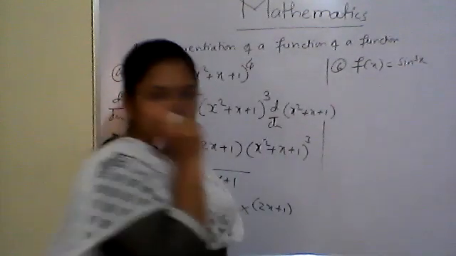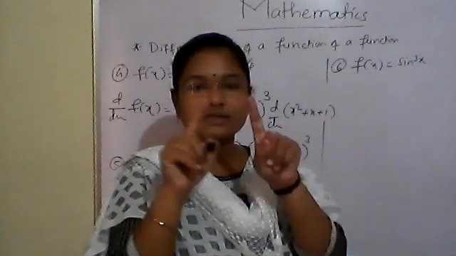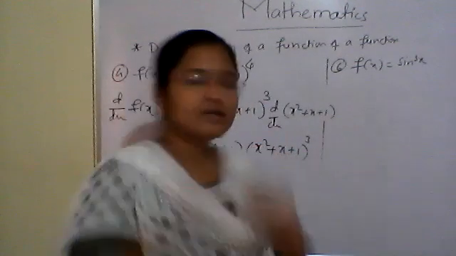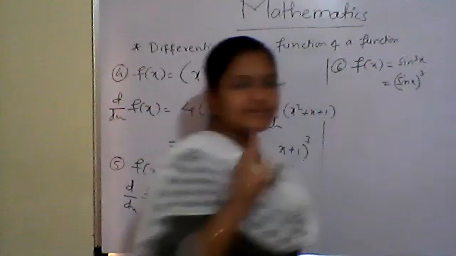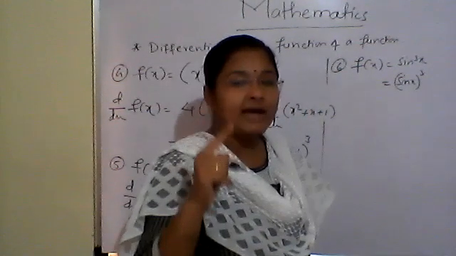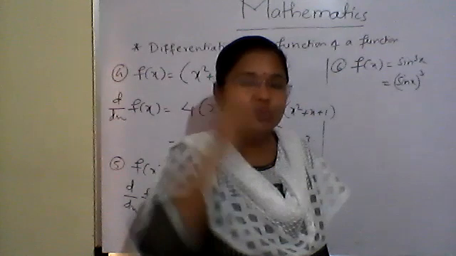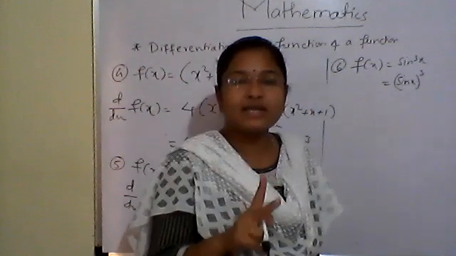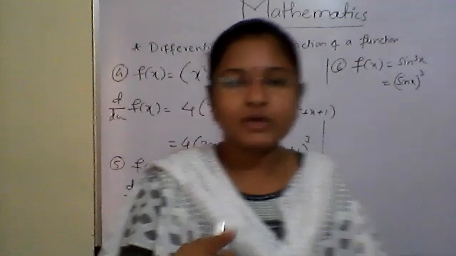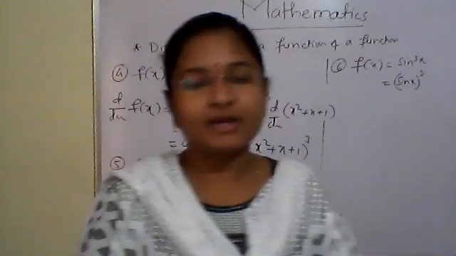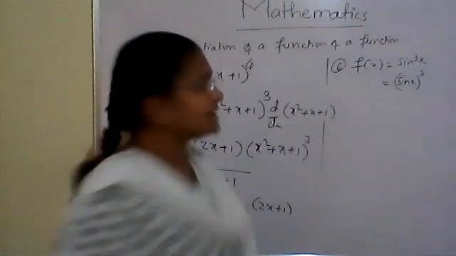Now here the composite function is sine to the bracket 3. The first function f(x) is x raised to n, and the second function g(x) is sine x. It is a cubic function. So what is the derivative now?